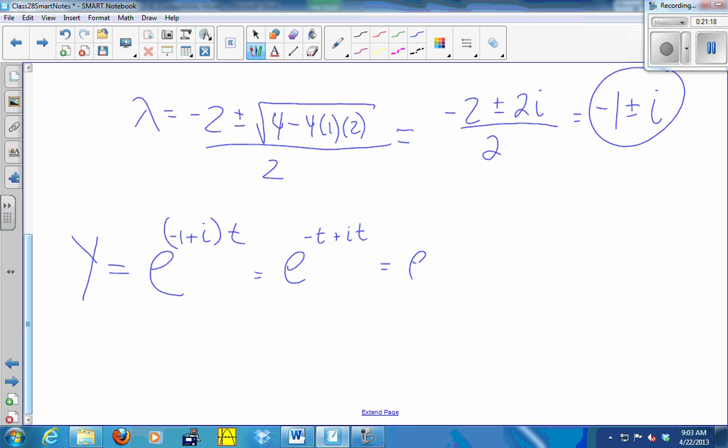Rewrite this as e to the -t times e to the it. And then use Euler's formula on e to the it. So this is going to be e to the -t times cosine t plus i sine t.